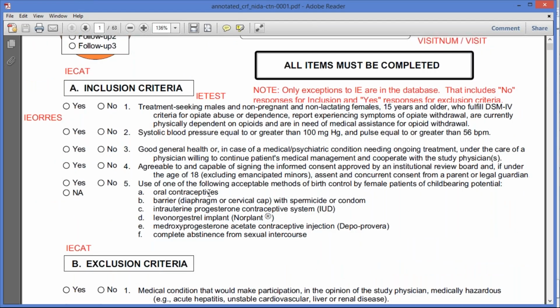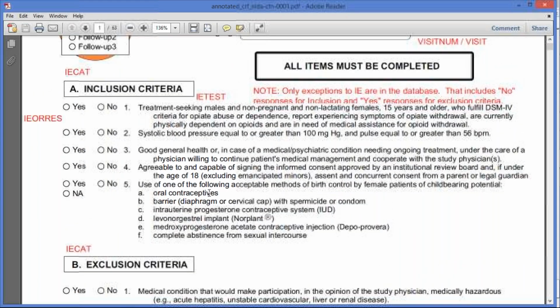This inclusion exclusion purely depends upon the study. Okay, so this is inclusion exclusion criteria.